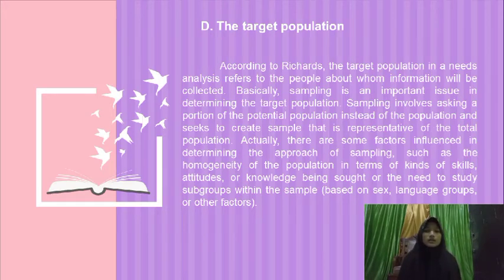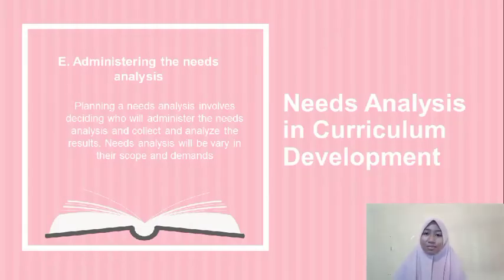Actually, there are some factors that influence the approach to sampling, such as the homogeneity of the population in terms of the kind of skills, attitudes, or knowledge being sought, or the need to study subgroups within the sample.